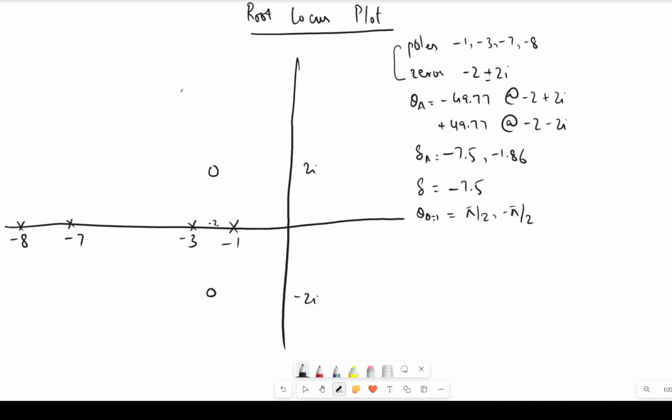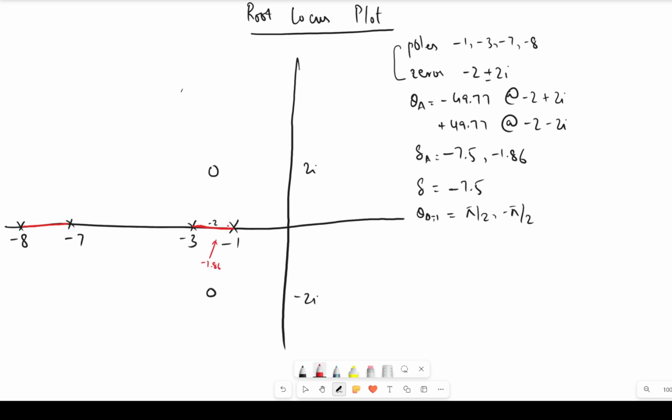I know that the root locus starts from the poles, and I also know that the root locus exists in this region. I also know that the root locus exists in this region. And I also know that whenever there are two consecutive poles, there is a breakaway. And the breakaway between these 2 points is at -1.86.